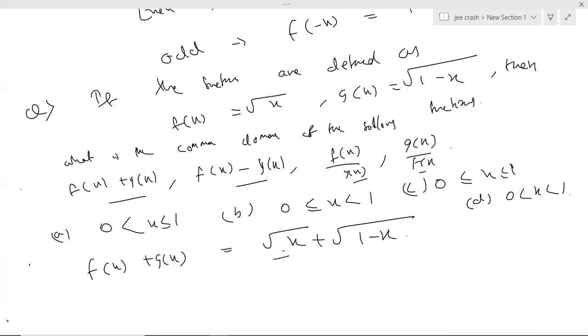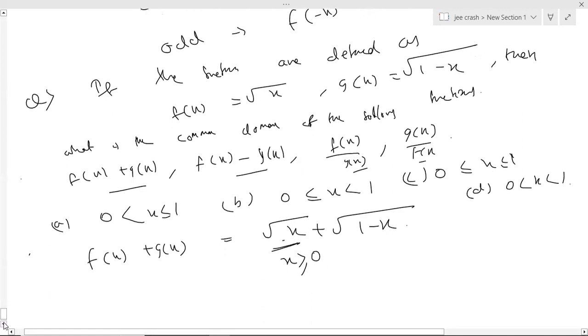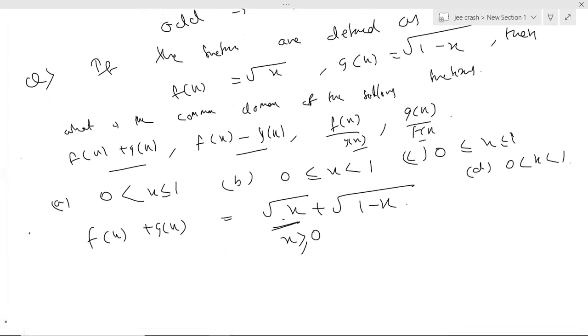See, Aditya, this function will put x is greater than 0 or greater than equal to 0. And this is 1 minus x is greater than equal to 0. So from here we are getting 0 to infinite, 0 included.